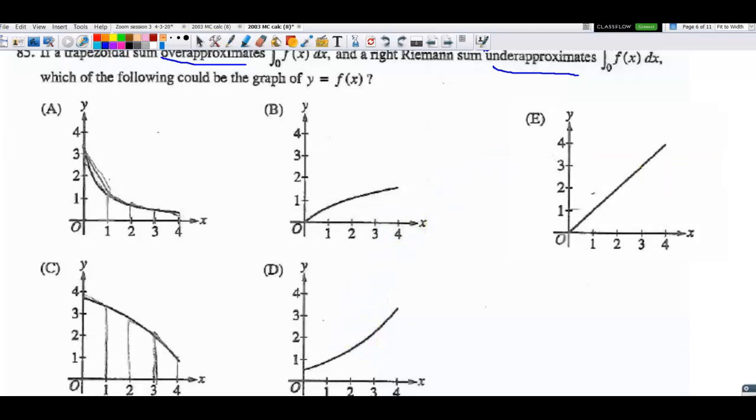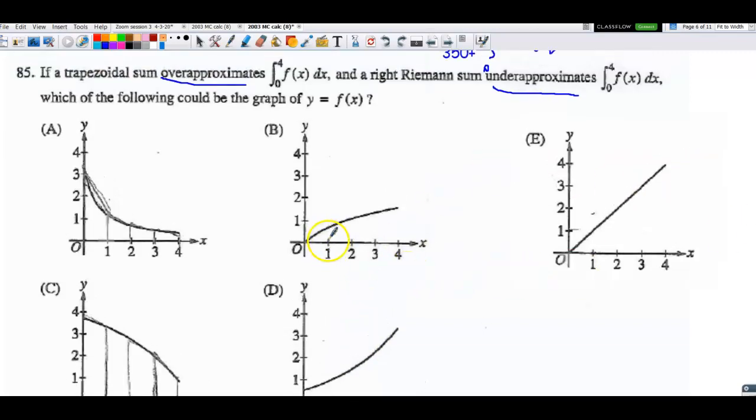So let's think about a right Riemann sum. If we were to put a right rectangle in the first increasing, the right rectangle would come to here and go over, and that is an over approximation, but this says the right Riemann sum under approximates, so we know it can't be an increasing function because a right Riemann sum will over approximate. So increase, increase, increase, so it's between A and C.